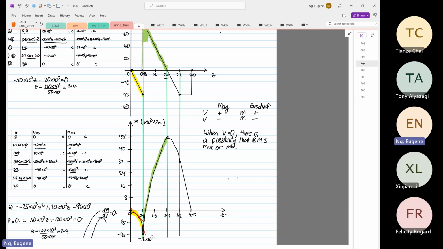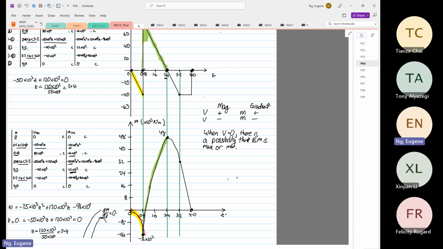At point 8, we have a minimum. At 2.4, where it intersects, the shear force is 0 and the bending moment is at its maximum of 48. And then it comes to 0 down here again, as you can see.